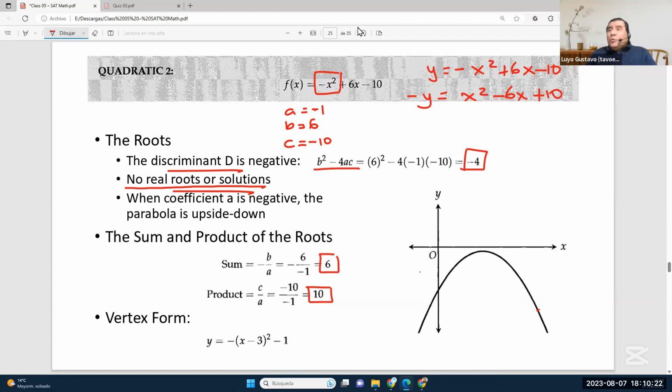Take a look. What we're doing here is first focusing on this part and trying to form a perfect square trinomial, a trinomial that is the square of a binomial. I do this: x squared minus 2 times 3x.